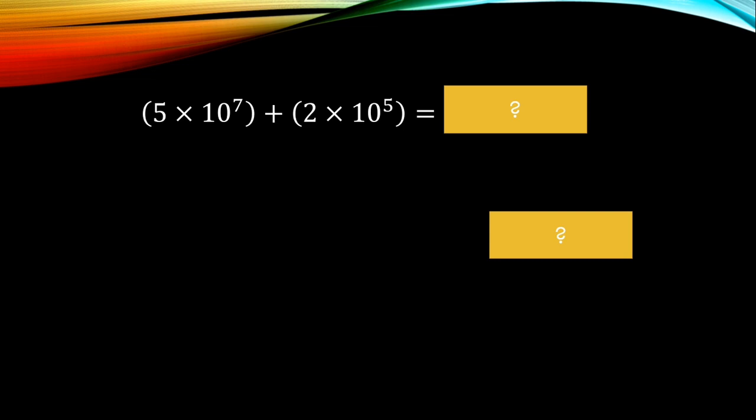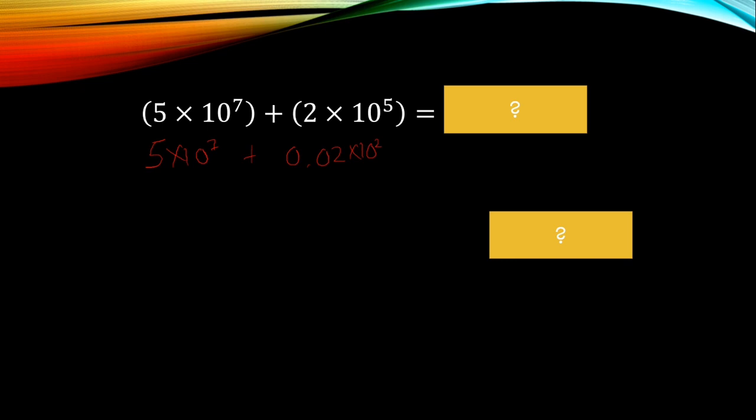5 times 10 to the power 7 plus 2 times 10 to the power 5. You can see there's a radical change here. But since it's addition, it is better to convert to this form. So that will be 5 times 10 to the power 7 plus 0.02 times 10 to the power 2.